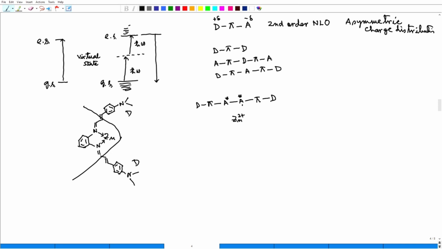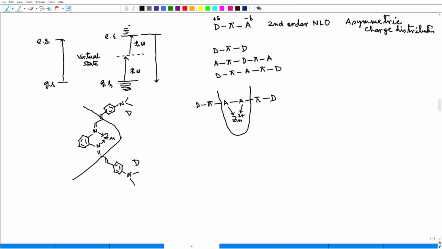So, it will accept electron density from here and here, because these are donor nitrogen. Then it will become strong. It was weakly accepting, now it will be strongly accepting. Because it will be strongly accepting, let me remove the star mark.